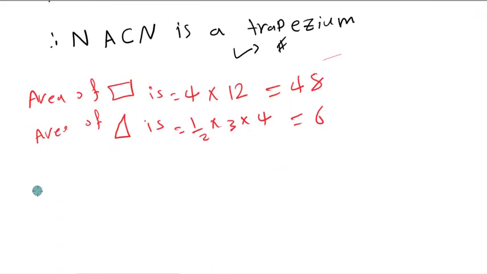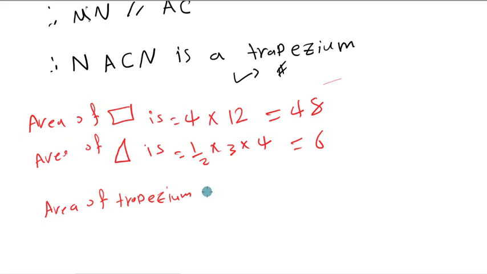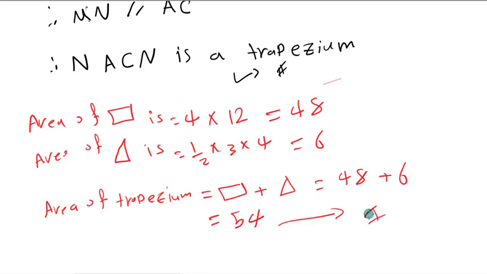So the area of the trapezium equals 48 plus 6 equals 54. That was the first requirement.